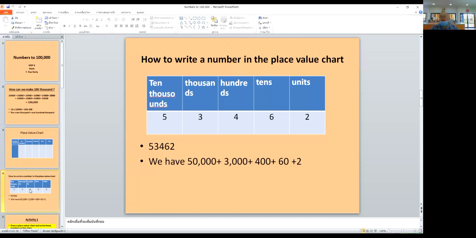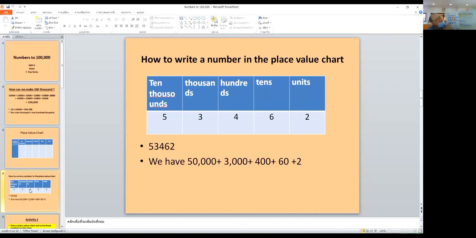And what we're looking at is different sections from your textbook. Your textbook for this year is Targeting Maths for Primary 4. In the Primary 4 textbook, we're looking at pages 2 and 3.